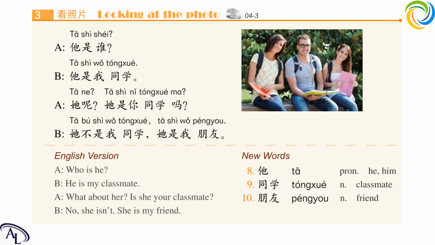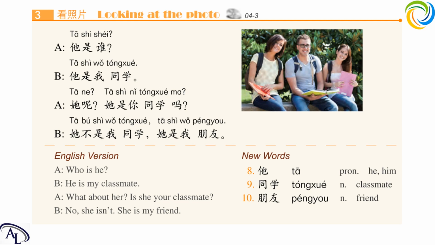So 他是你同学吗? Is she your classmate? And ma is what we learned before. It is a particle used at the end of a question. Okay, so whenever there is a ma, the sentence must be a question.